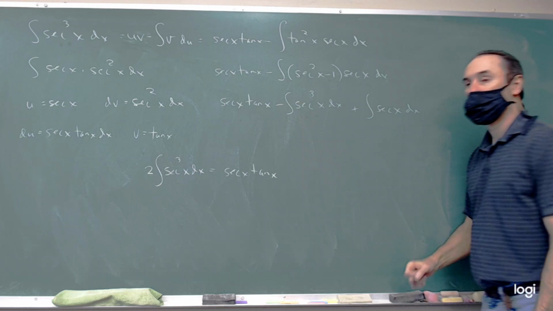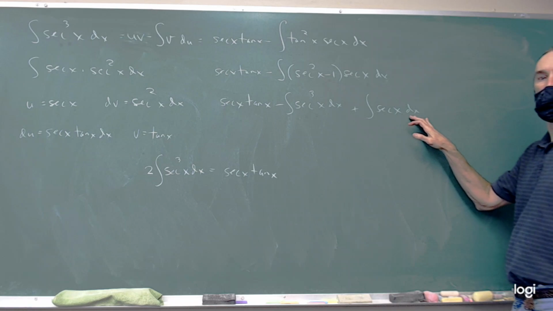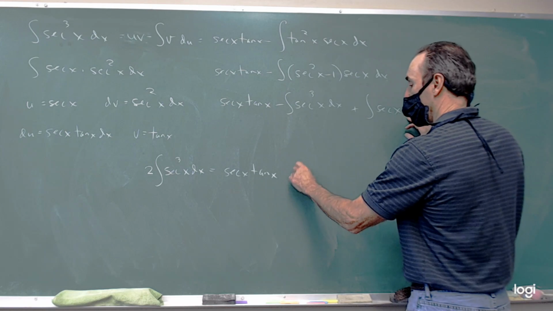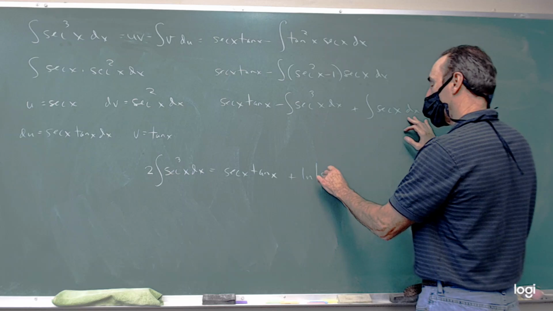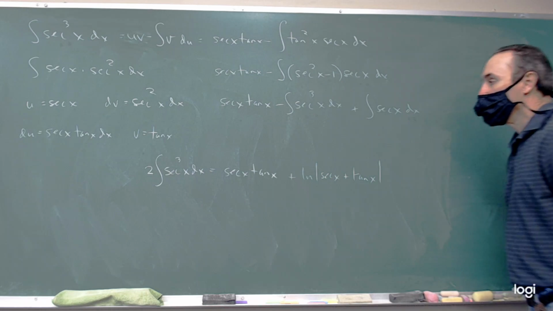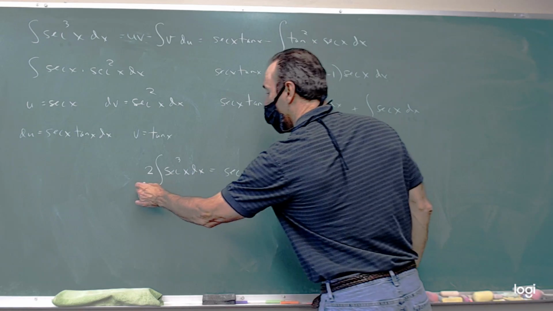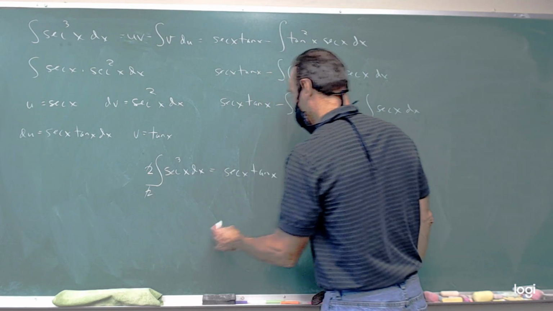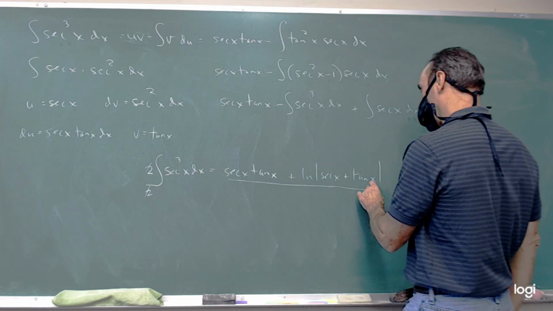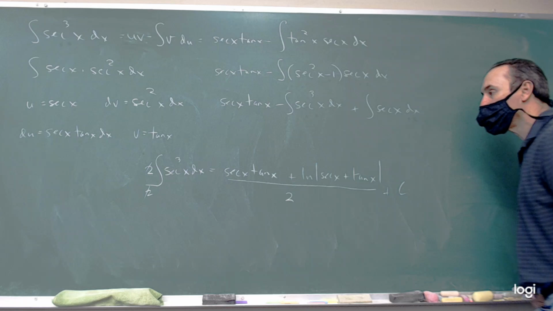And then this is a really tough integral to remember: the natural log of the absolute value of secant x plus tangent x. So we'll divide by the 2. Then don't forget the plus c.